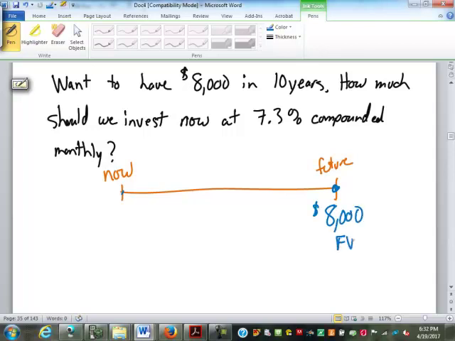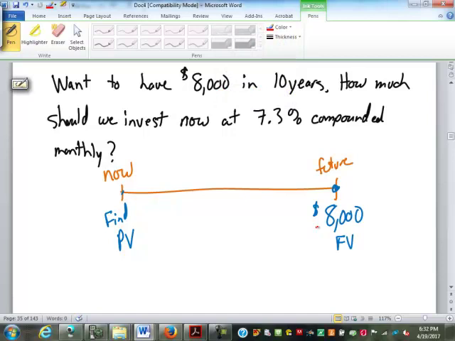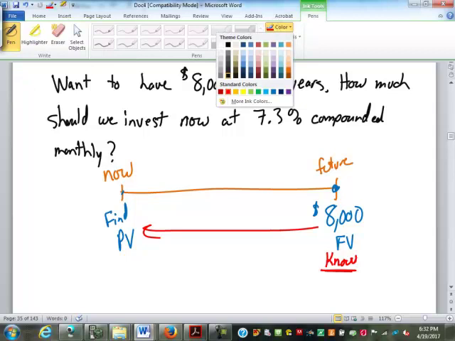That is a future value. We are trying to find the present value. So when we are going the other way, where we know what we want to have at the end, and we want to find how much we need to start with, the calculation goes a little bit backwards.